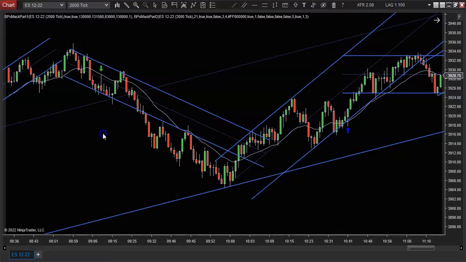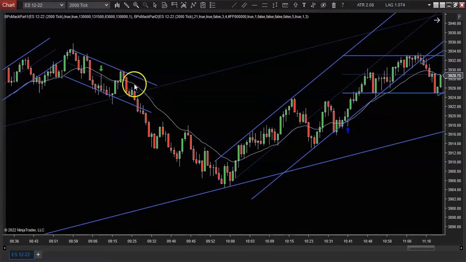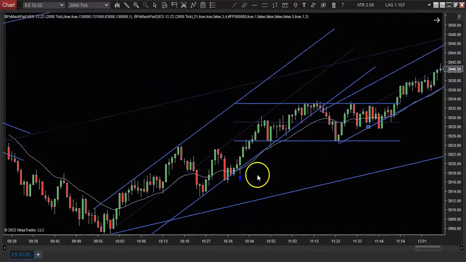I mean, you probably have it drawn like this, and yeah, I had it drawn like that. That's why I extended it. But then you get that overshoot, couple legs down, and we come down to what is now, we know, the trend channel.